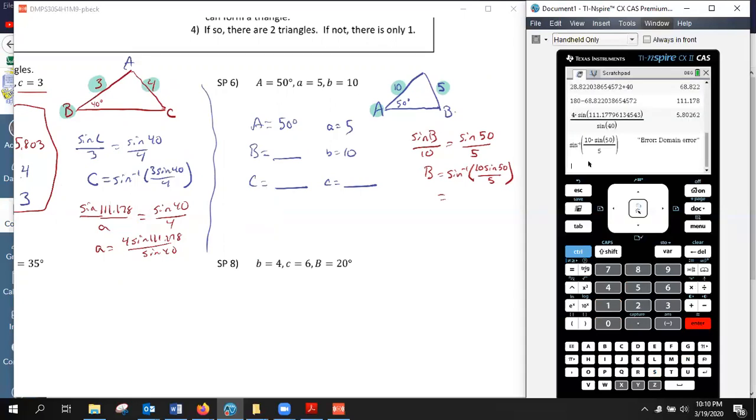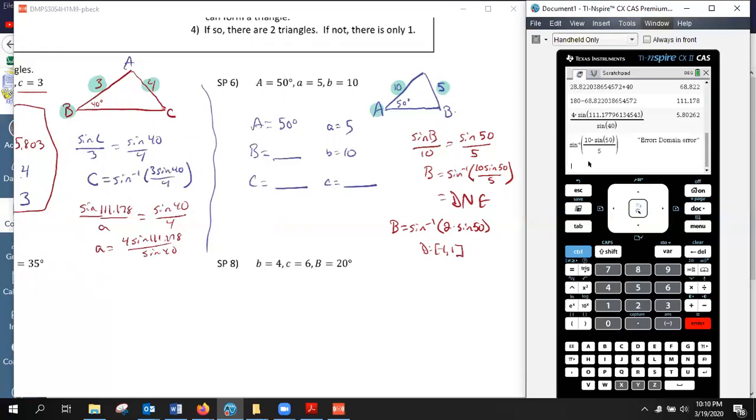Actually, domain error. What does domain error mean? Oh, this isn't a triangle. And I should know that, so this does not exist. I should know that in retrospect, if I think about it, B is the inverse sine of 2 times the sine of 50. If you remember, the domain of the inverse sine is -1 to 1.